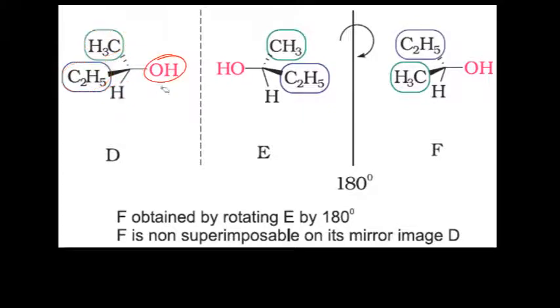Now, in the molecule which we have taken, the ethyl group is pointing towards us, out of the screen. The methyl group is pointing away from us. Hydrogen and OH are in the plane of the screen.